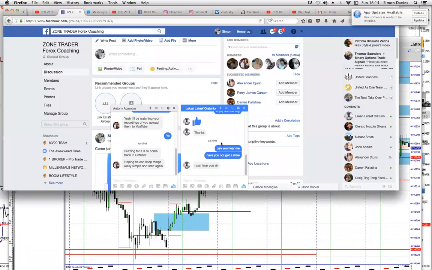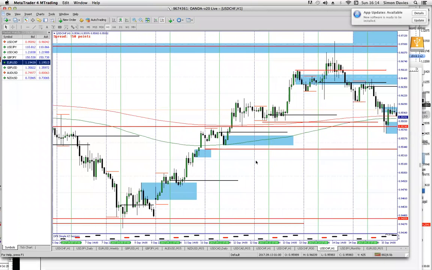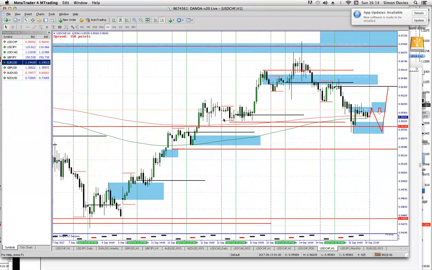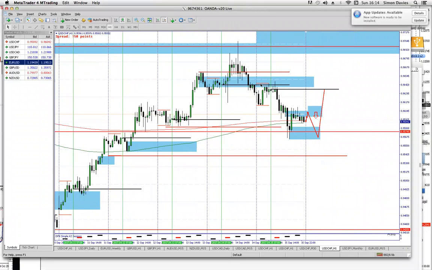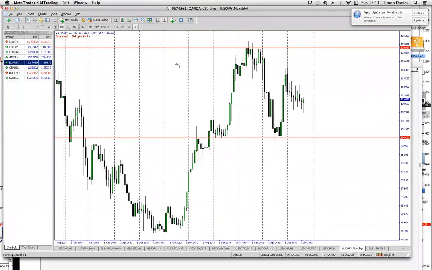So you can also go off an ignition block sometimes. So I think we've mapped out USD CHF and Euro USD quite well right now, which is nice for this week. So with that in mind, guys, USD CHF's going up, therefore USD JPY should be heading up as well.